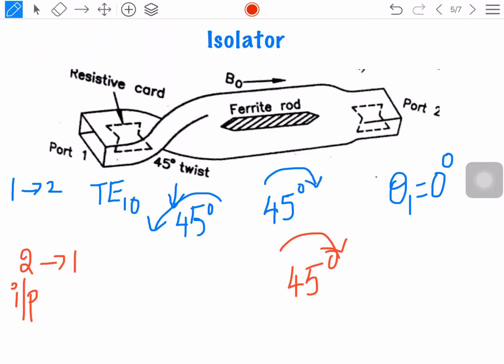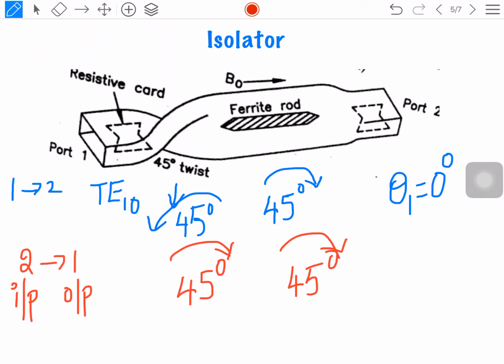Later this wave propagates through the twist of the rectangular waveguide, and this provides a phase shift of 45 degrees in the clockwise direction, and the output will be observed at port 1.